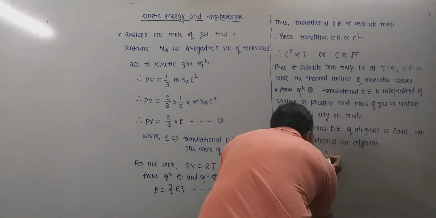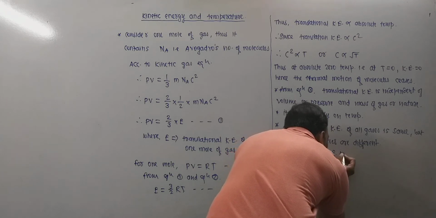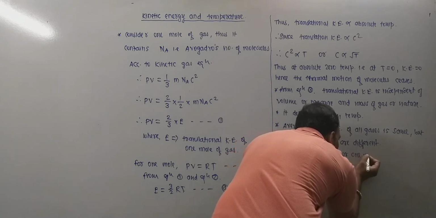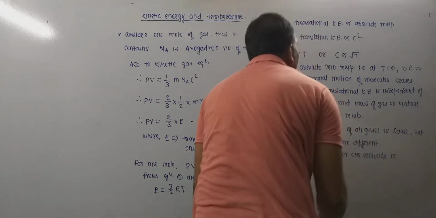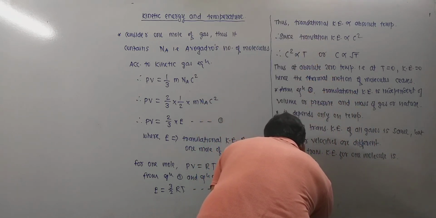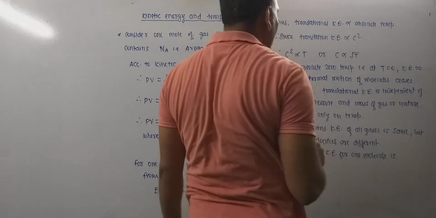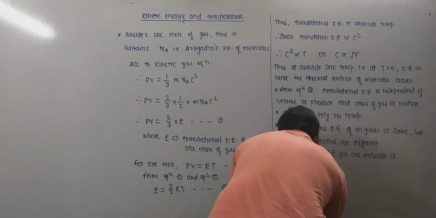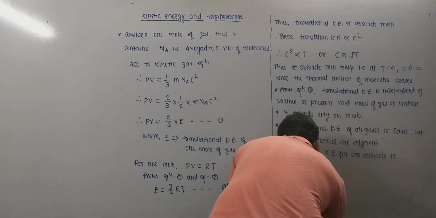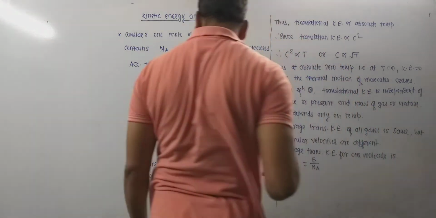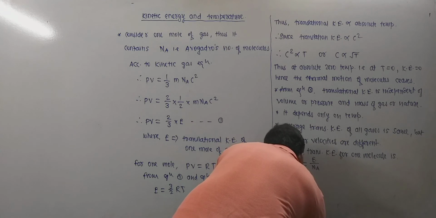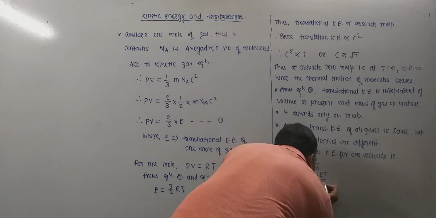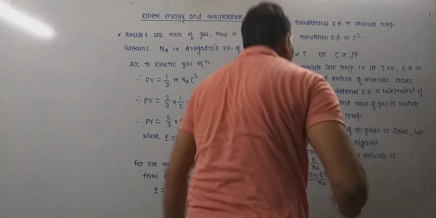Average translational kinetic energy for one molecule will be E by Na. Now we know very well E equals 3 by 2 RT. Thus further this can be given as 3 by 2 RT upon Na.